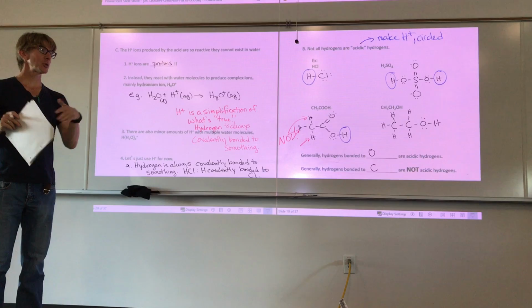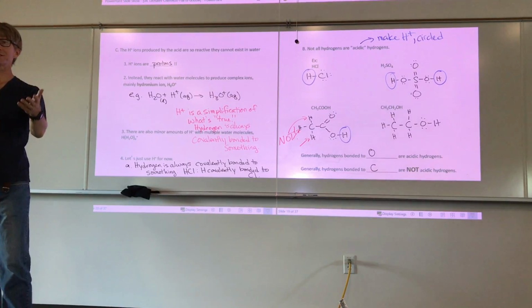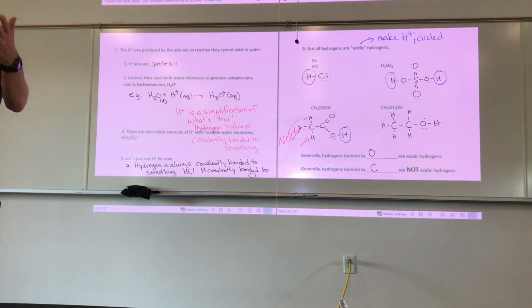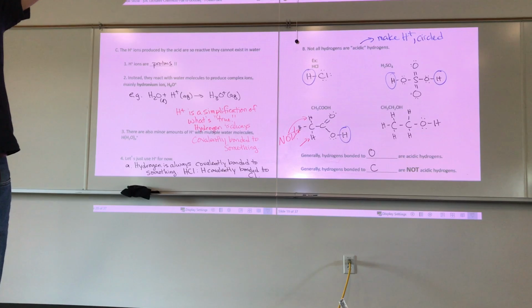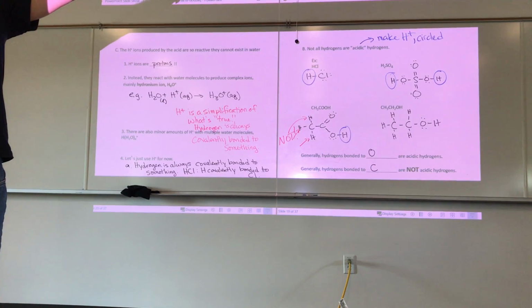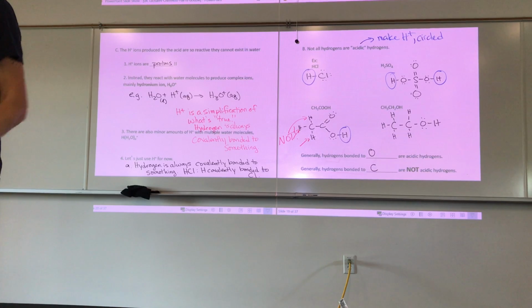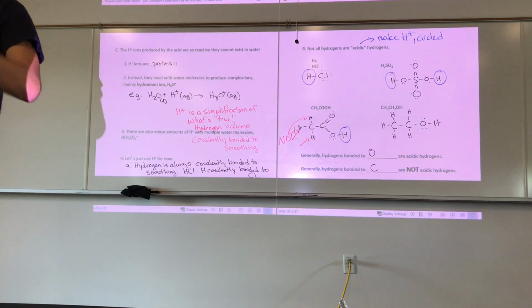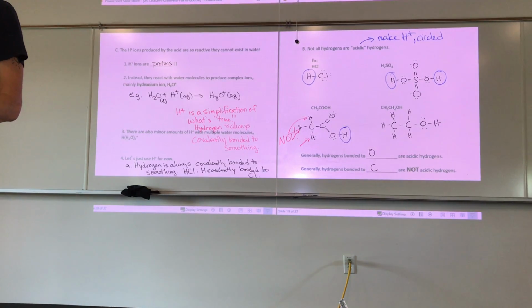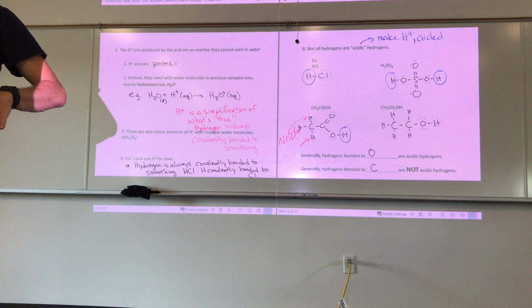So it is always covalent. There's always something. If you bring up a situation like HCl gas, it's covalently bonded to chlorine. But you feel free to bring up places where hydrogen is, and I will tell you what it's bonded to. In chapter 11, we're going to come back and do intermolecular forces.